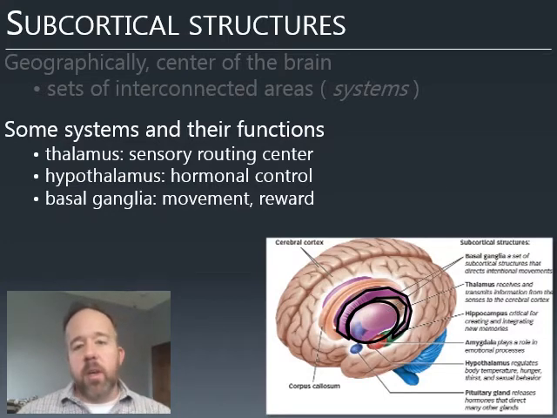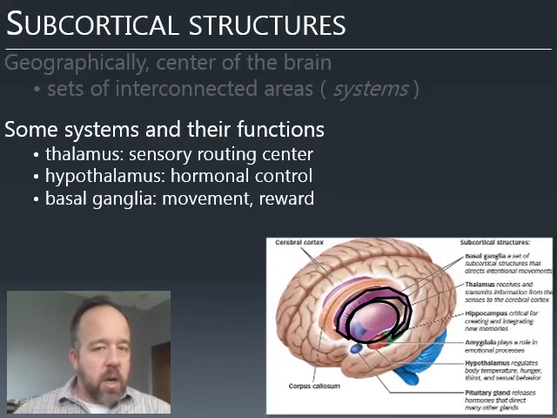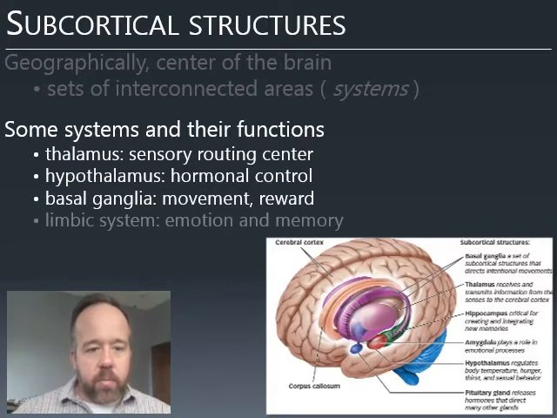And this is why the basal ganglia are also involved in processing a reward. So if an action is rewarding, the basal ganglia will be sensitive to that, and they can perhaps increase the likelihood of that action being performed again. So the basal ganglia are involved both in movement and actions and reward processing.